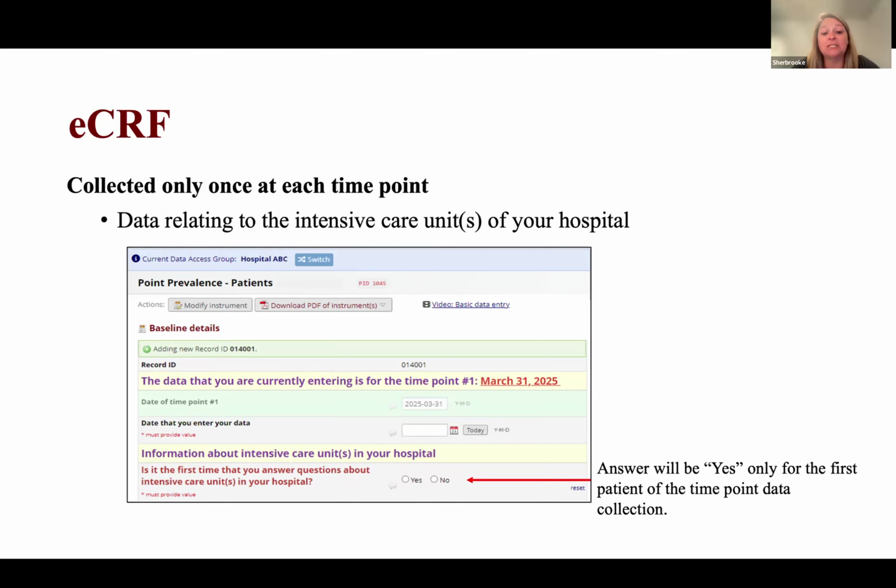This question must be answered yes for the first patient that you enter. Okay. And the sites that participated in the first data collection in March still have to answer yes to this question for their first patient of this data point. Why?